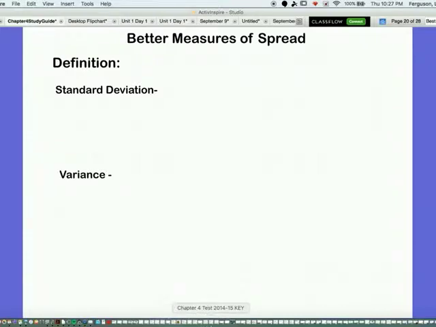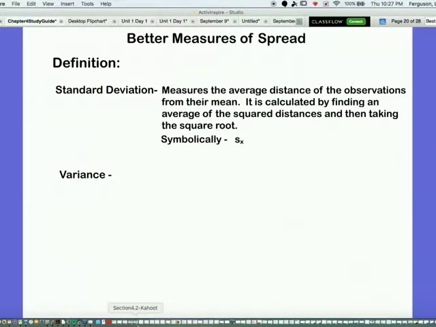Better measures of spread. So we talked about what spread is, and spread is basically your range. Better measures of spread would be standard deviation and variance. Your standard deviation measures the average distance from the observations to their mean. It is calculated by finding an average of the squared distances and then taking the square root, and symbolically we say S sub x.